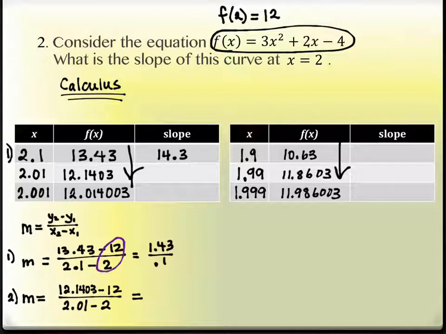So again, if you want to write it out longhand, what I actually have now is 0.1403 divided by 0.01. You don't have to write all this work out. I'm cool with that not being the case, but this is what's going in your calculator in some fashion, depending on the calculator you have. What do you get for that second slope? Yes, you do, 14.03.